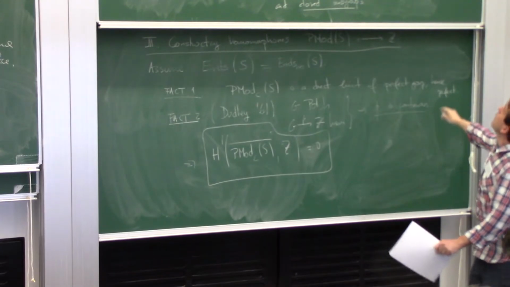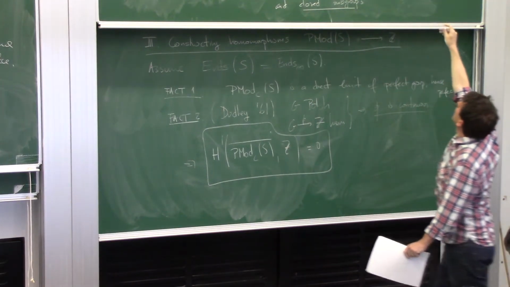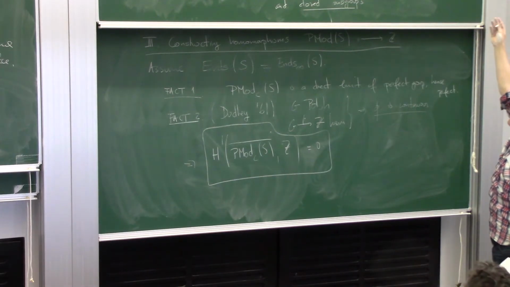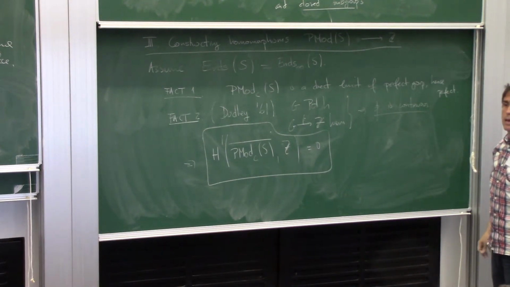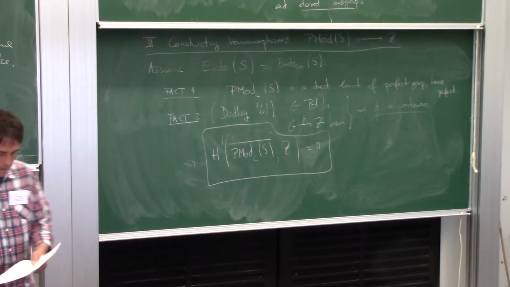So in particular, if I for a moment forget this assumption here, the Patel–Vlamis theorem will tell you that many mapping class groups have trivial first cohomology.